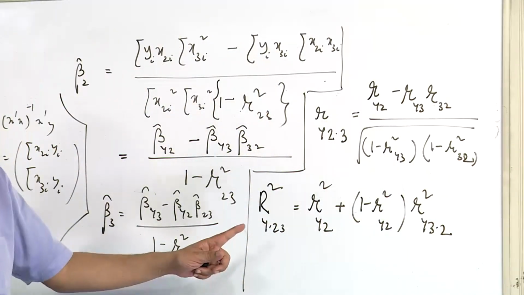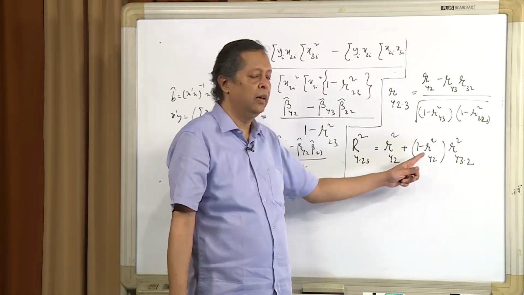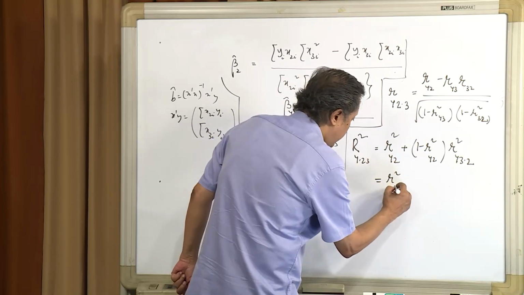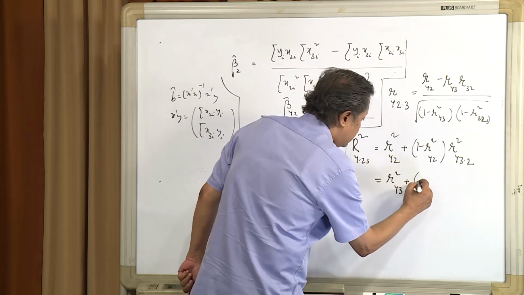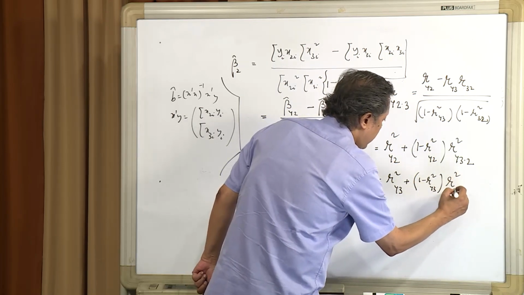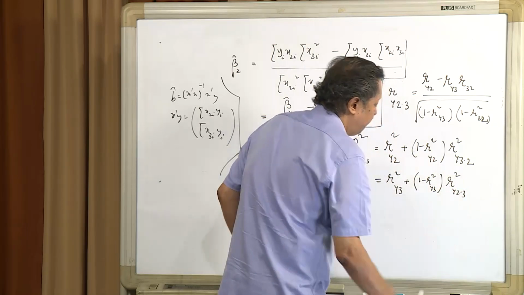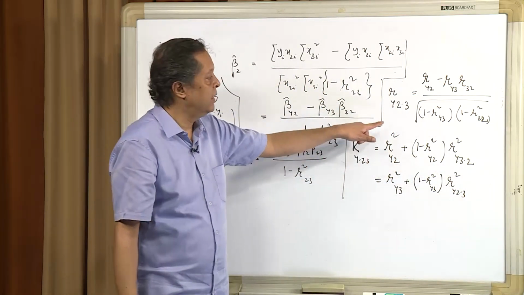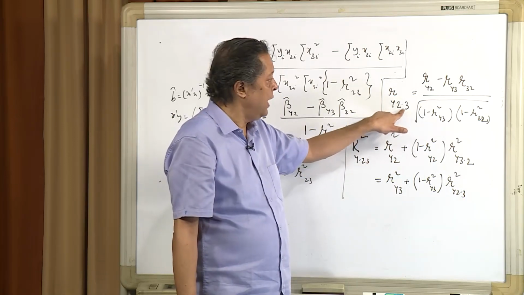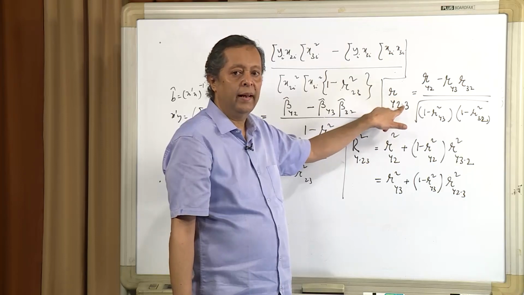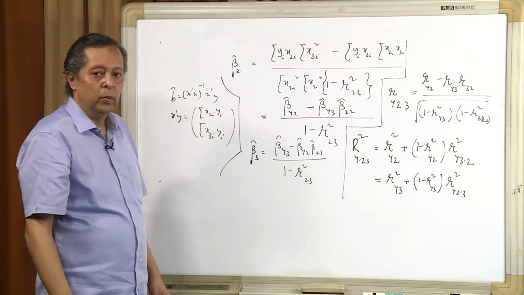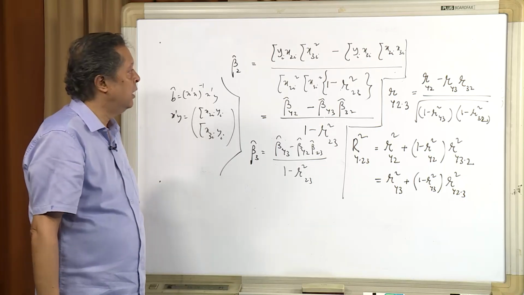So, relation between multiple correlation, simple correlation, partial correlation, which can also be written as r square y3 plus 1 minus r square y3 times r square y2 dot 3. What is r y2 dot 3? It is the correlation between pure y, that means y cleansed of x3, and pure x2, that means x2 cleansed of x3. Now, having said all this, we come to the prediction of this model.